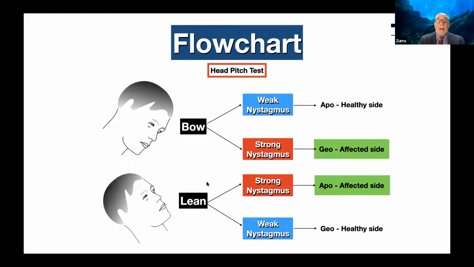On the contrary, on the lean test, if I have a strong nystagmus, the particles are in the anterior arm or attached to the cupula, which we call apogeotropic, and the direction of the nystagmus will be toward the affected side.